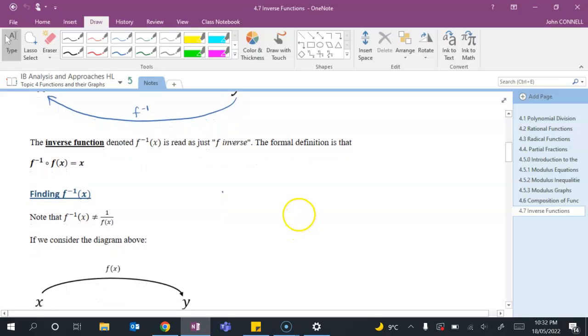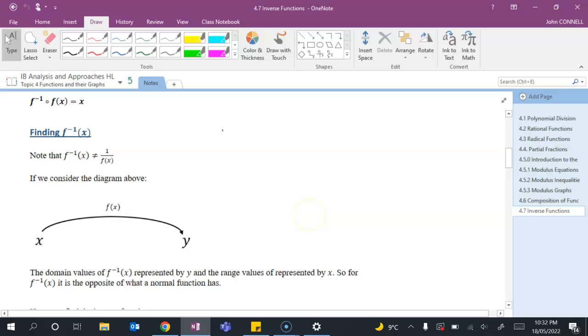So if we look at the diagram that we had above, x is representing the domain of f, and y is representing the range of f. But for my inverse function here, and I might do it in a different color, in green, this is f inverse, and for that y is representing the domain of f inverse, and x is representing the range of f inverse.